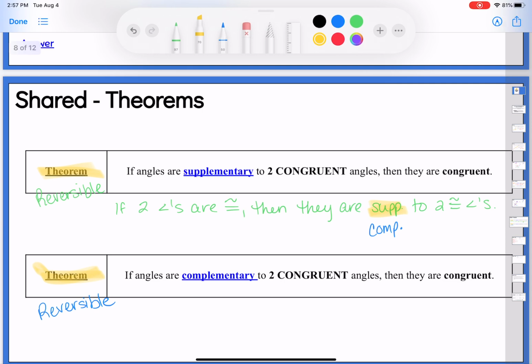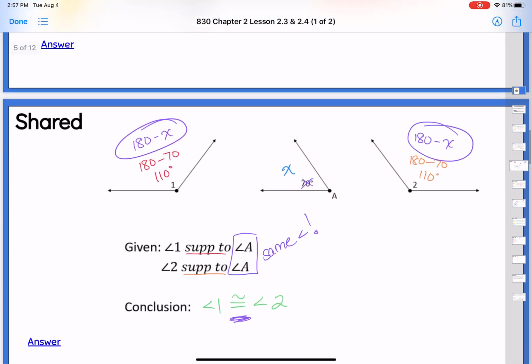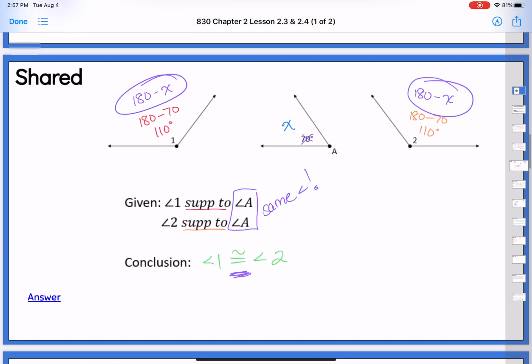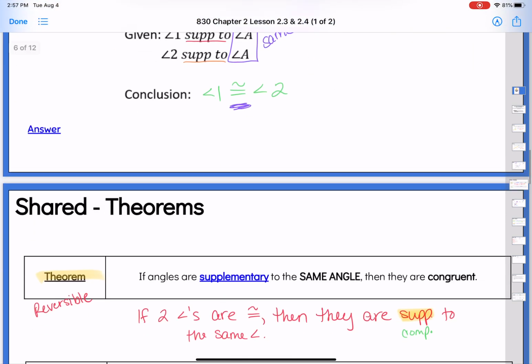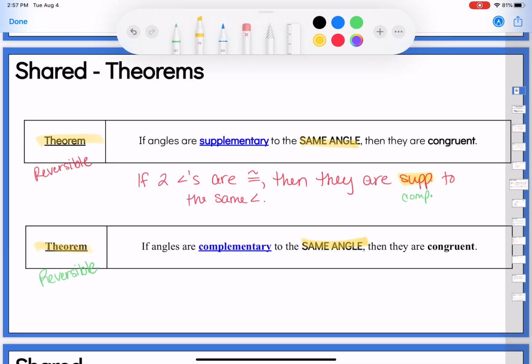So now we have technically 4 new theorems, right? But just remember how you're going to keep them separate. These last two, in my first situation, I had a total of 3 angles, 2 of those angles being supplementary to the exact same single angle. Those were our first ones, right? Supplementary or complementary to the same angle.